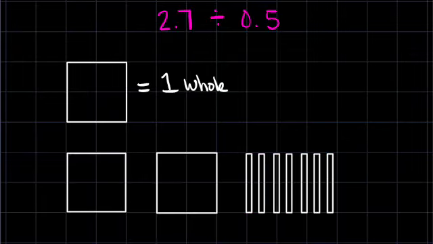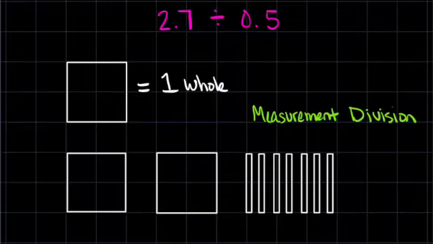All right, because I am dividing by a decimal, it is going to be easiest to use measurement division. It's easiest to use measurement division because I can measure out 5/10. If you want more explanation on that, please see the video on dividing with decimals.